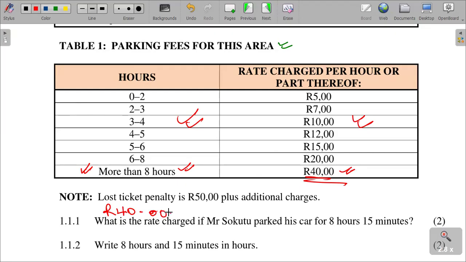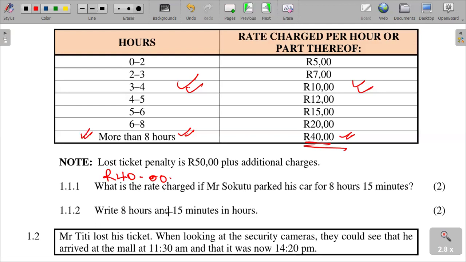Write 8 hours, 15 minutes in hours. So we have got 8 hours already. And then we convert 15 minutes to hours.